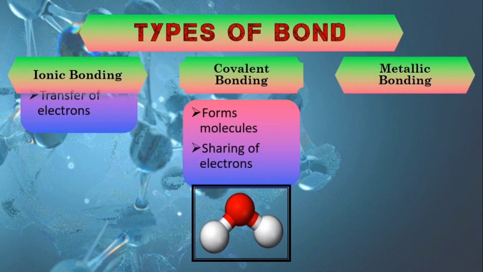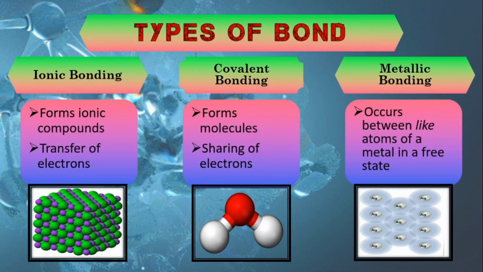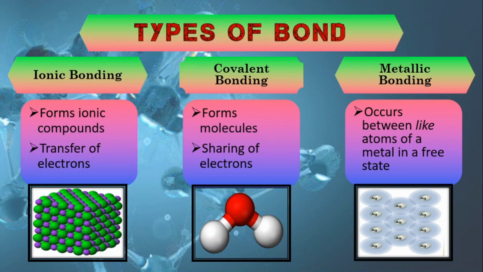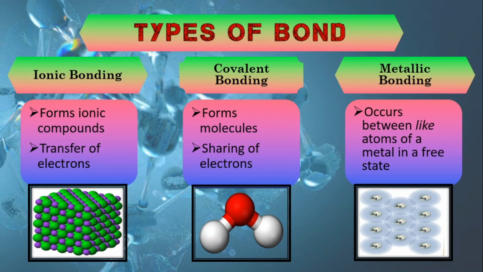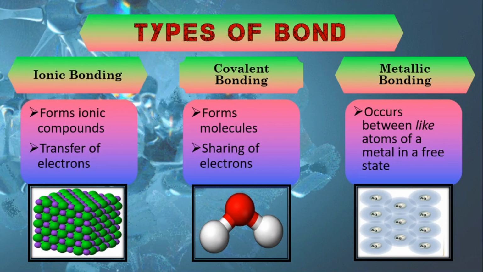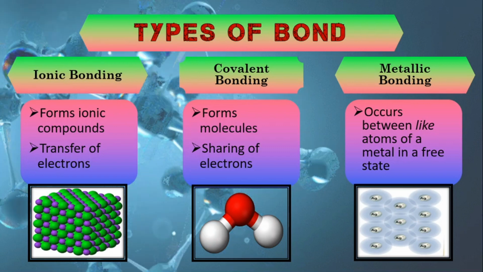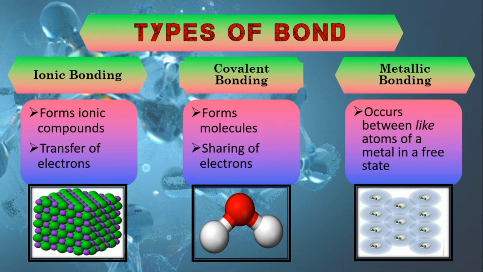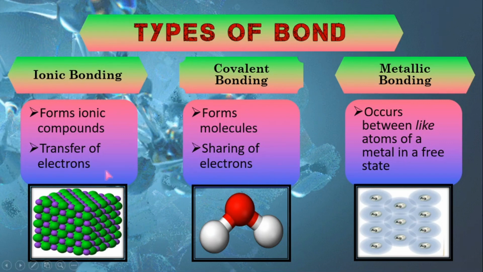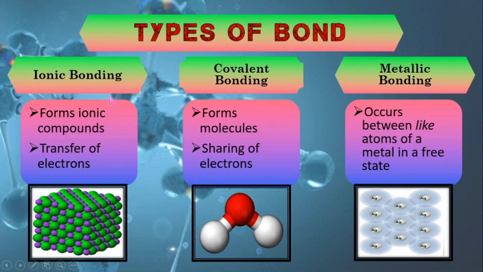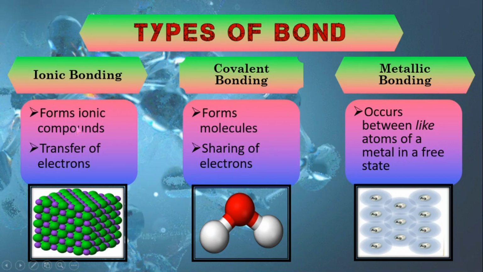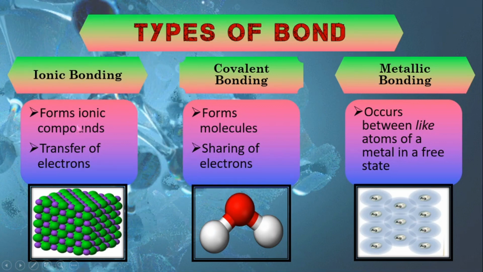Types of bond. There are three types of bond. First, the ionic bonding, next covalent bonding, and last is the metallic bonding. Ionic bonding, also known as the electrovalent bond, forms an ionic bond.